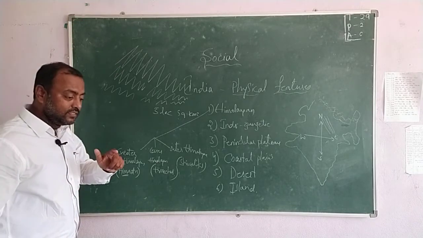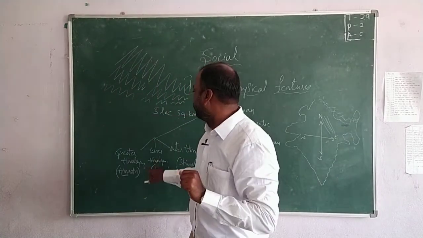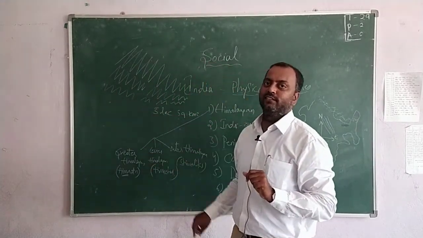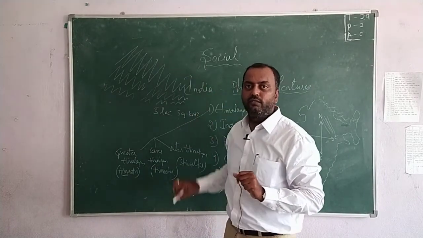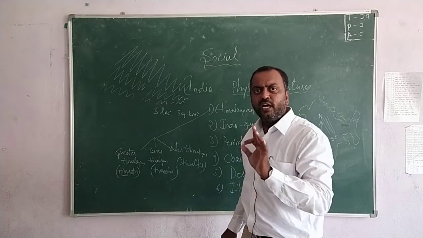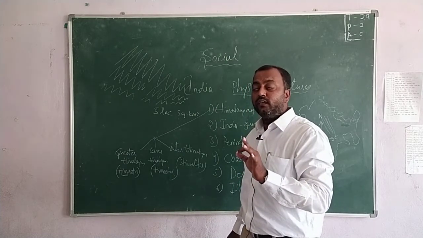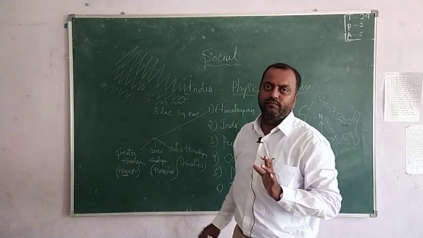The world's highest peak, Mount Everest, is located in these Greater Himalayas itself. It's located here, Mount Everest. The world's highest peaks like Annapurna, Namcha Barwa, and Ketu, these all are located in this region.